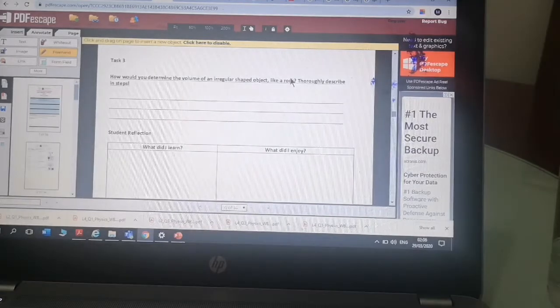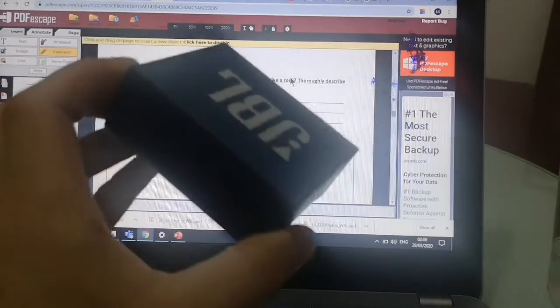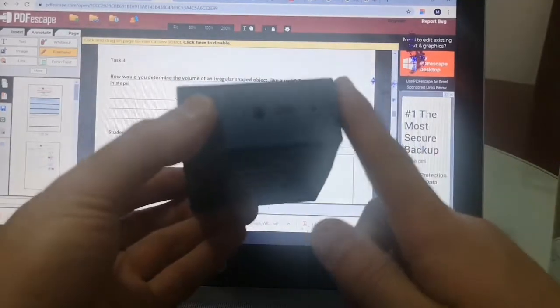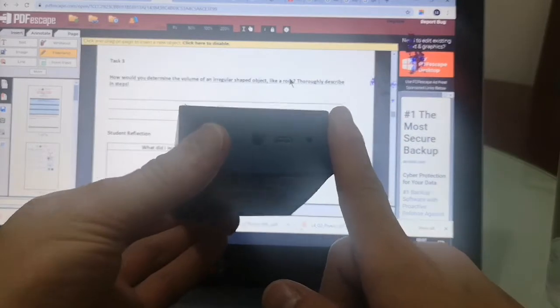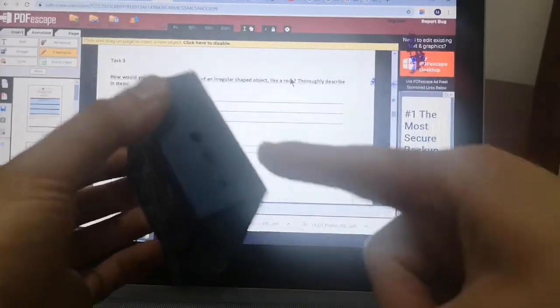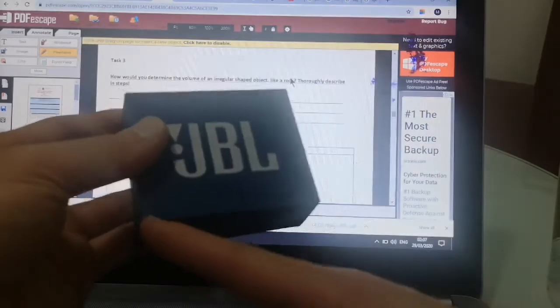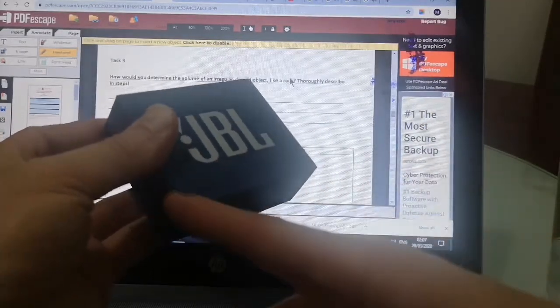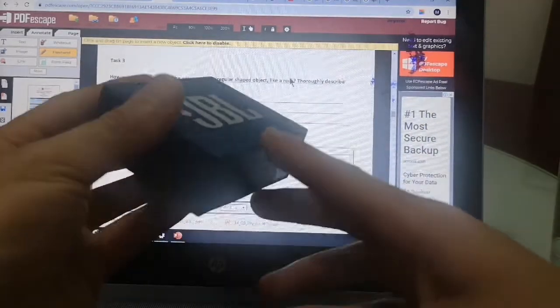Now, if we want to find the volume of a regular shape, let's say this shape, we can just take this length here and multiply this length and times by this length. So you've got three lengths, right?